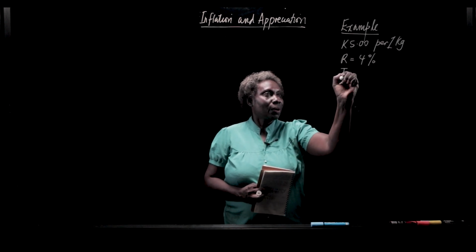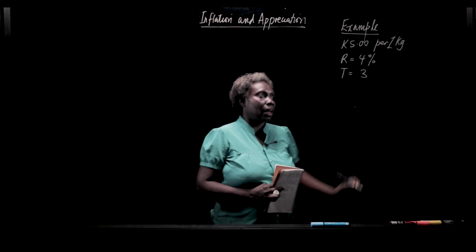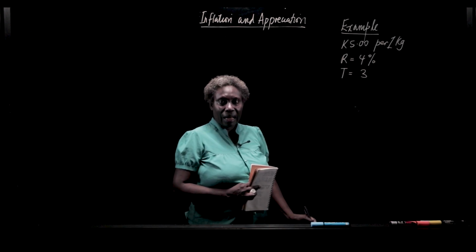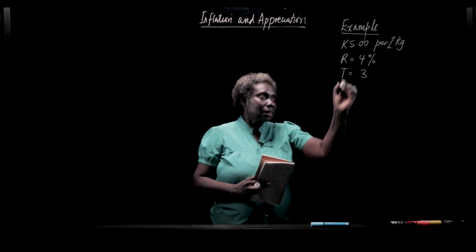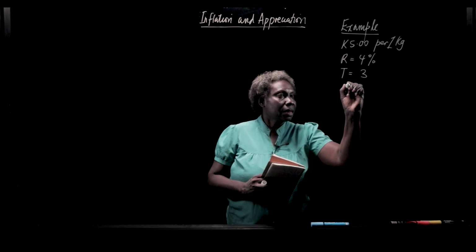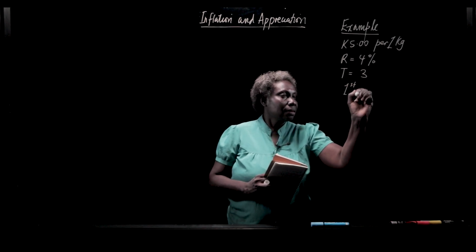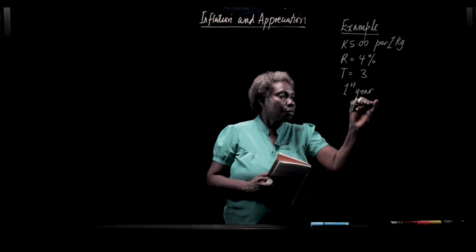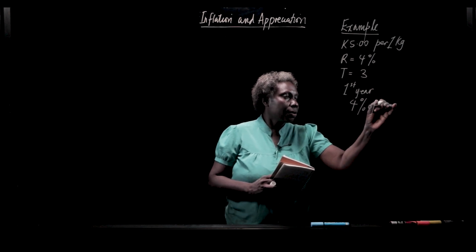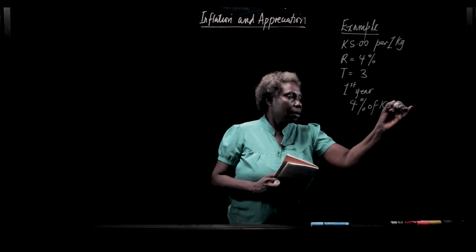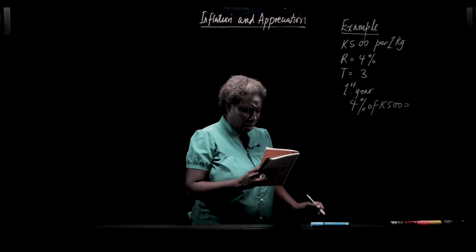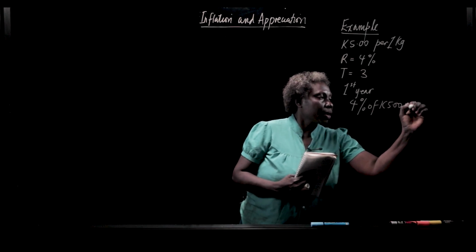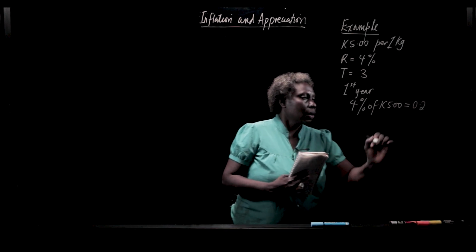So we want to find out the cost of a packet of rice in 3 years' time, which costs 5 kina today. Let's say in the first year, we find 4% of 5 kina. 4% of 5 kina, if we calculate it, is 20 toya, 0.2.